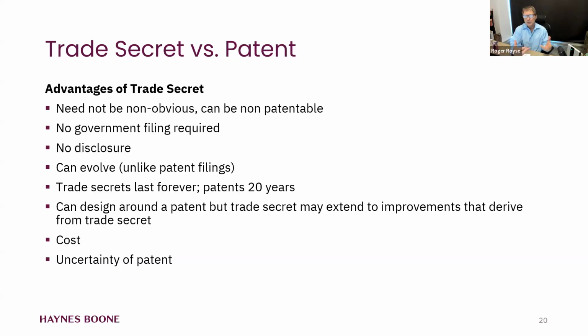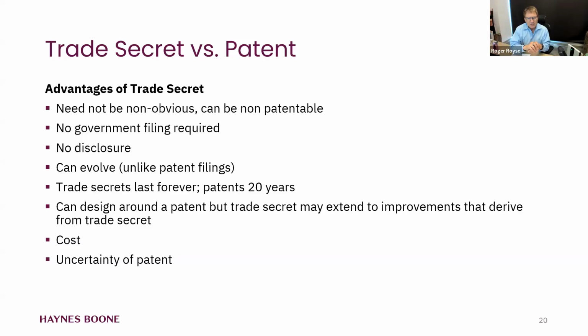It could be you just don't meet the standards for patenting the invention, but you can still protect it under trade secret law. So that's an advantage. No government filing is required for a trade secret. You don't have to make these public disclosures of all this trade secret information. So that's useful.